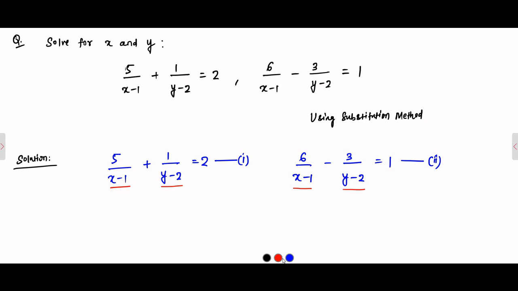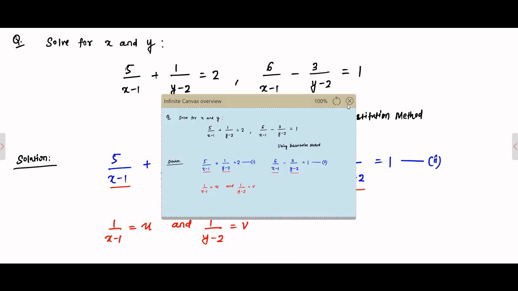So here we will let 1 by x minus 1 be equal to u, and 1 by y minus 2 be equal to v. These are the substitutions that we'll do.